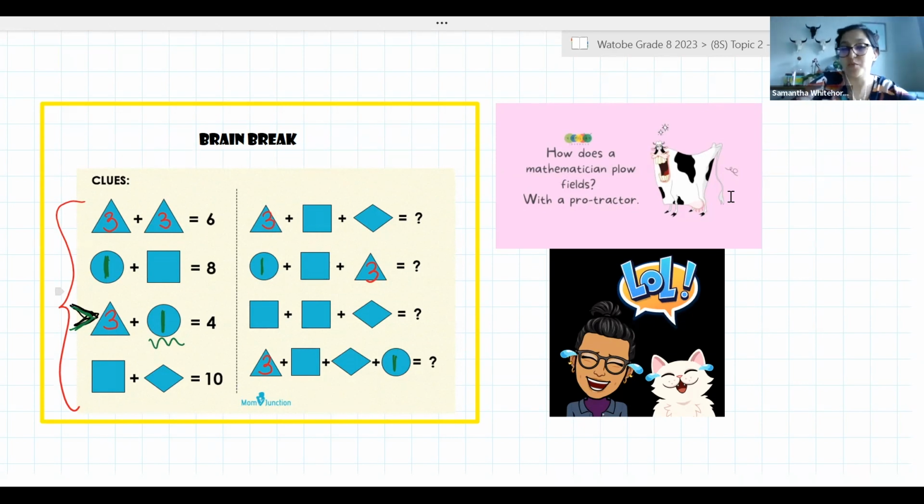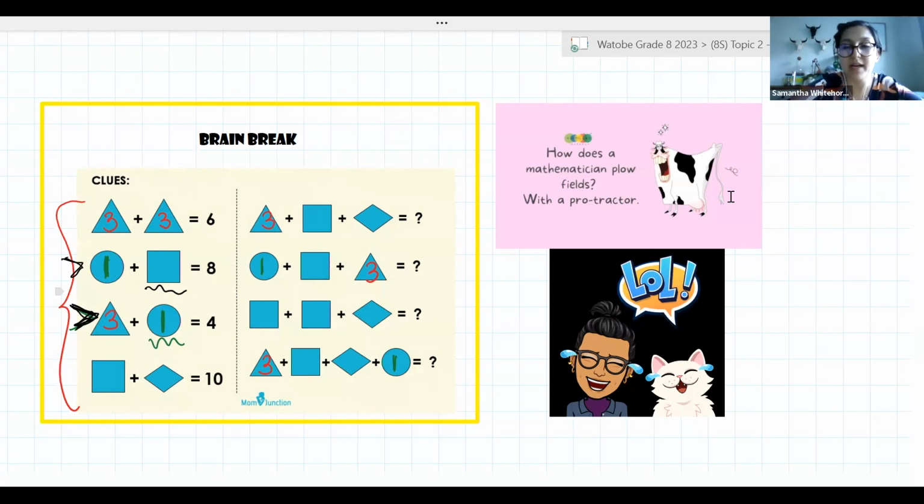Do you want to try the one above it? 1 plus what gives us 8? What do I need to add to 1 to get 8? What do I add to 1 to get an answer of 8?